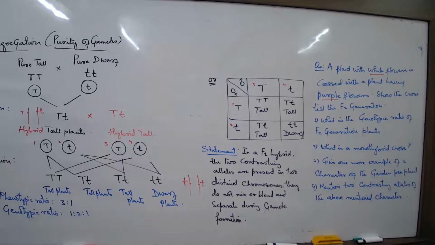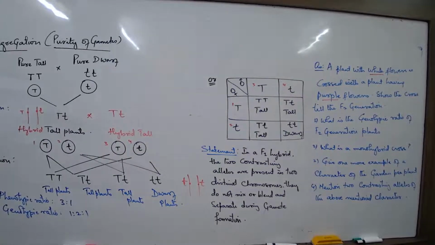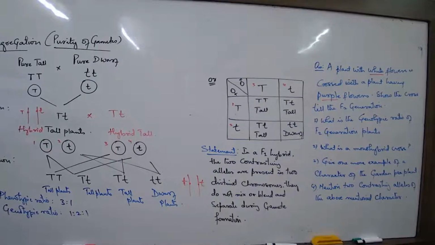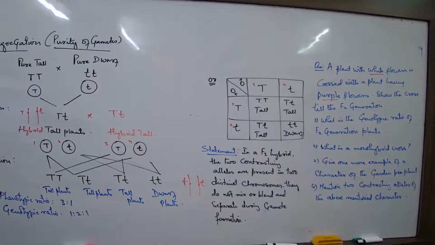I gave you 7 pairs of contrasting traits. You have to decide that and be confirmed. Once confirmed, for the dominant trait you have to select a suitable letter.